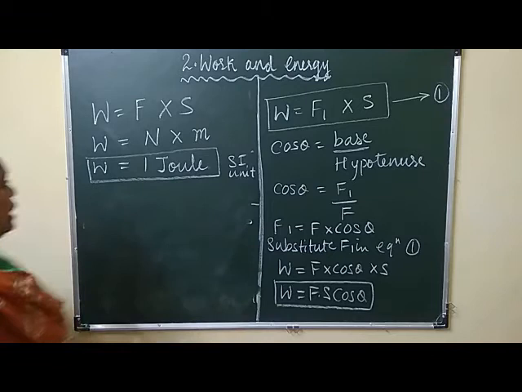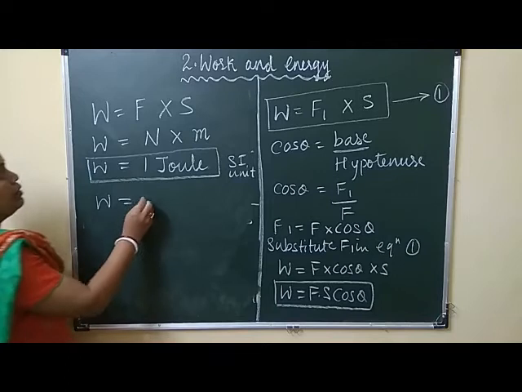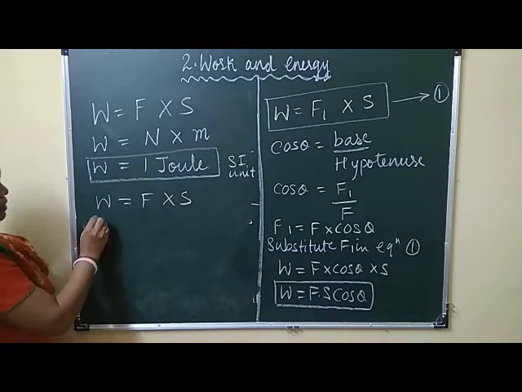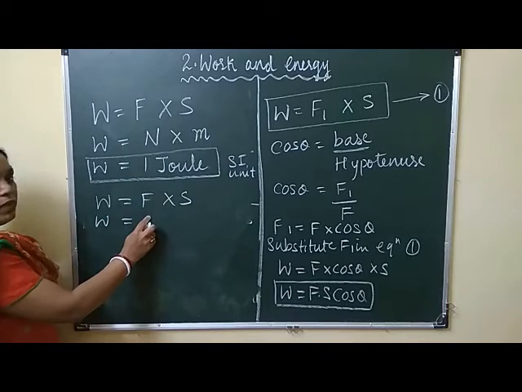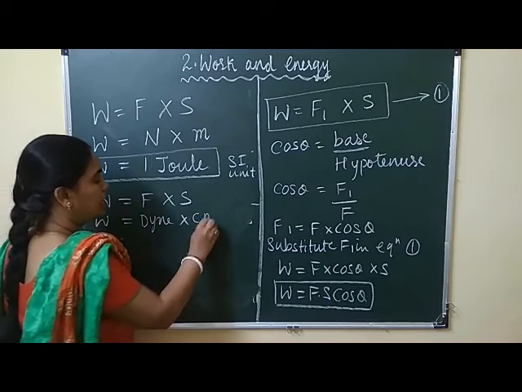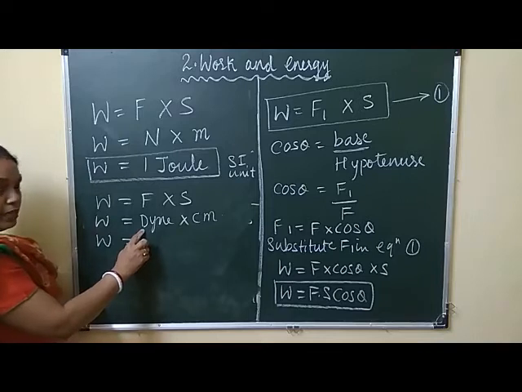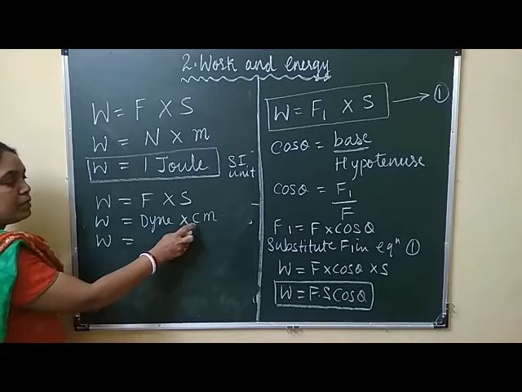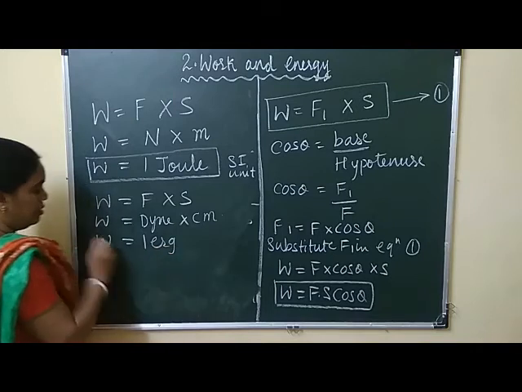The next one, in CGS system. Again we have the same formula, force into displacement, but in the CGS system, force is given the unit dyne and displacement in centimeters. So work done when 1 dyne of force applied makes a displacement of 1 centimeter is known as 1 erg.